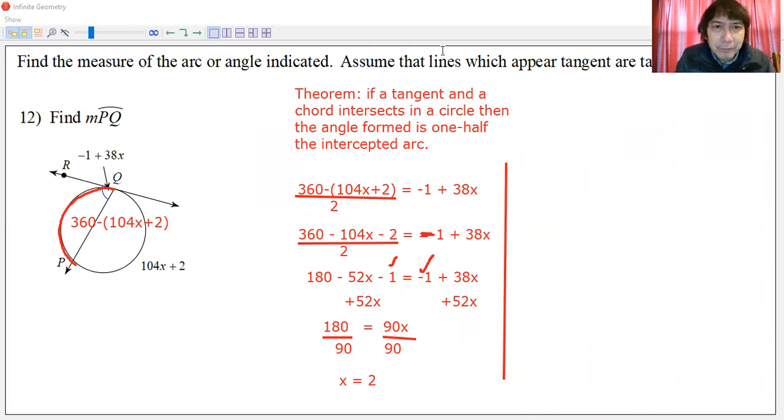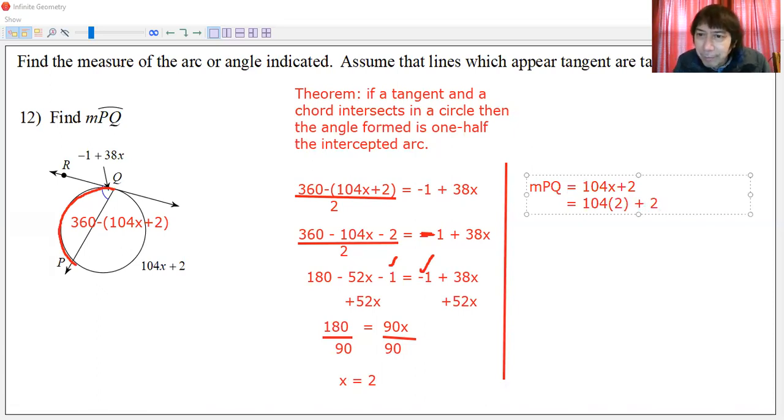The measure of arc PQ is equal to 104x plus 2, which is 104 times x, so times 2, plus 2.